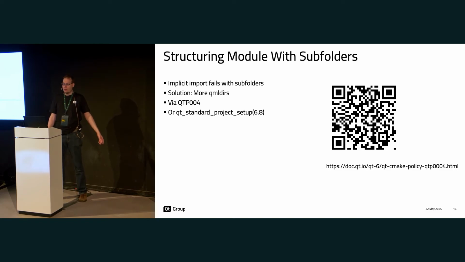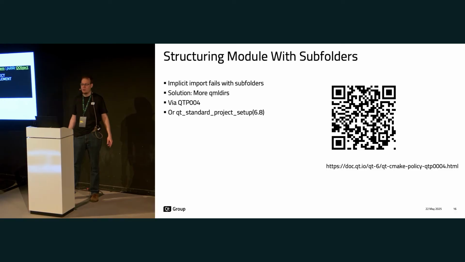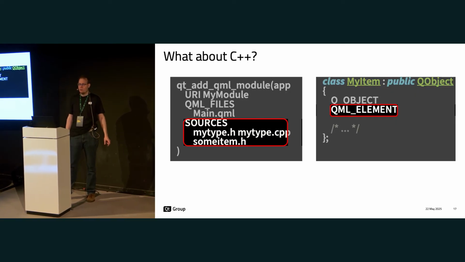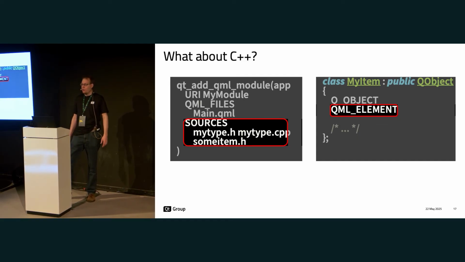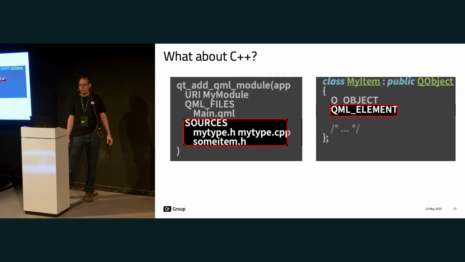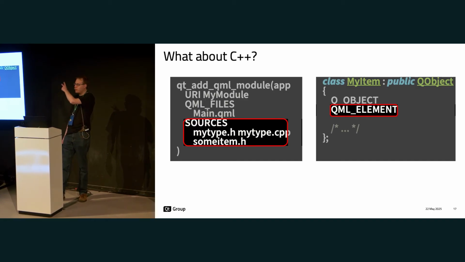And so far we have only seen QML. But what about C++? For C++, Qt.QML module is still your friend. You have to add an additional argument, sources, and in your QML files, you have to add the declarative registration macro.